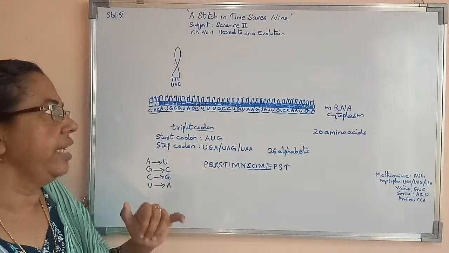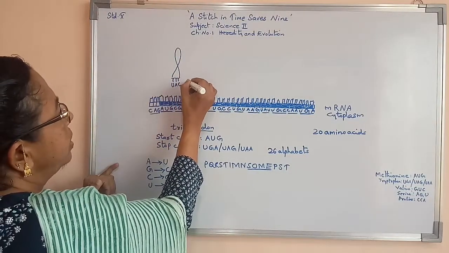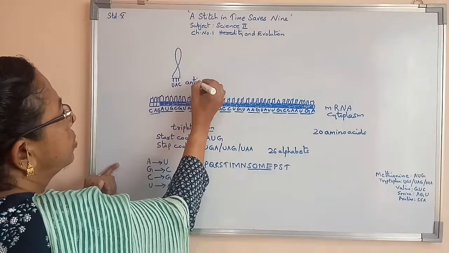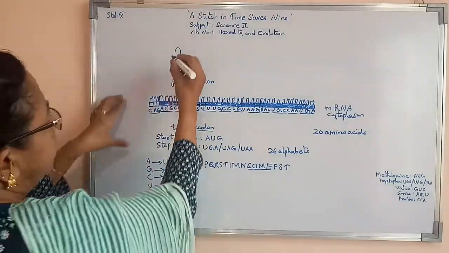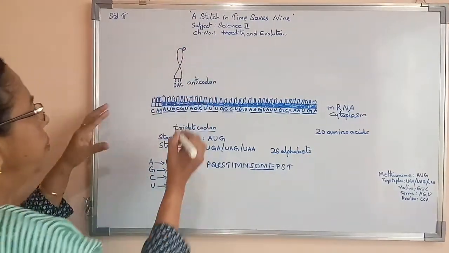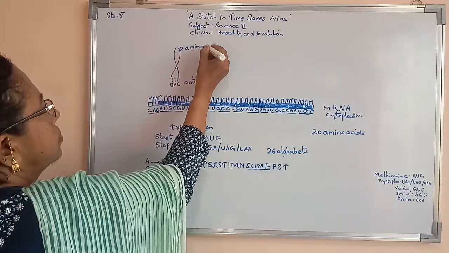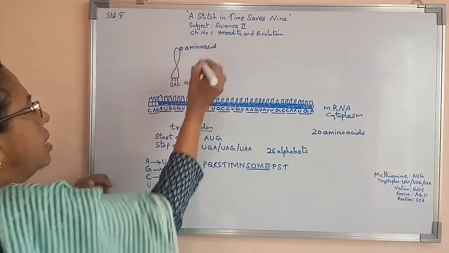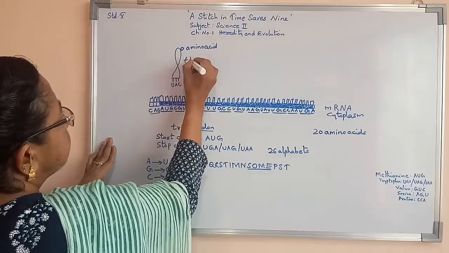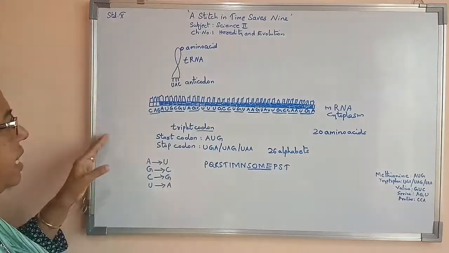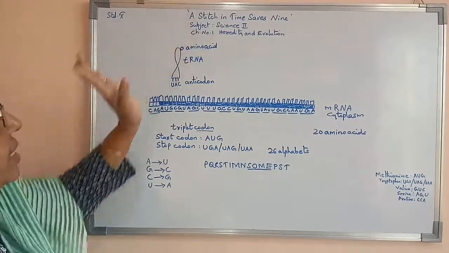This is known as the transfer RNA. It carries the anticodon, and this end region will have the amino acid. This is known as a tRNA. tRNA has the anticodon, and it also carries the amino acid with it.